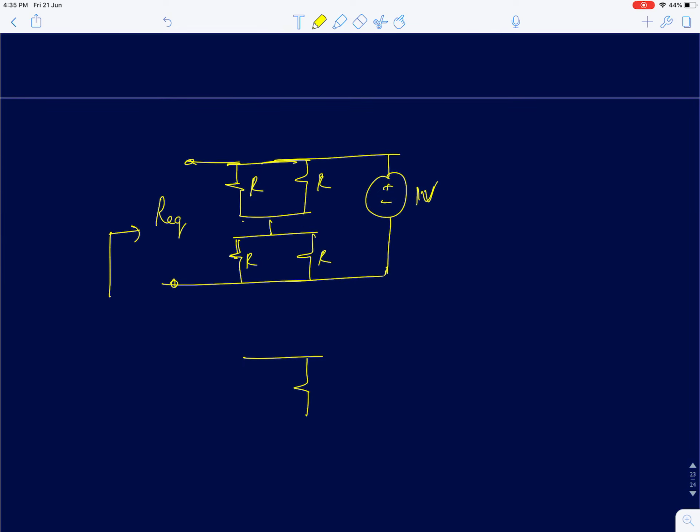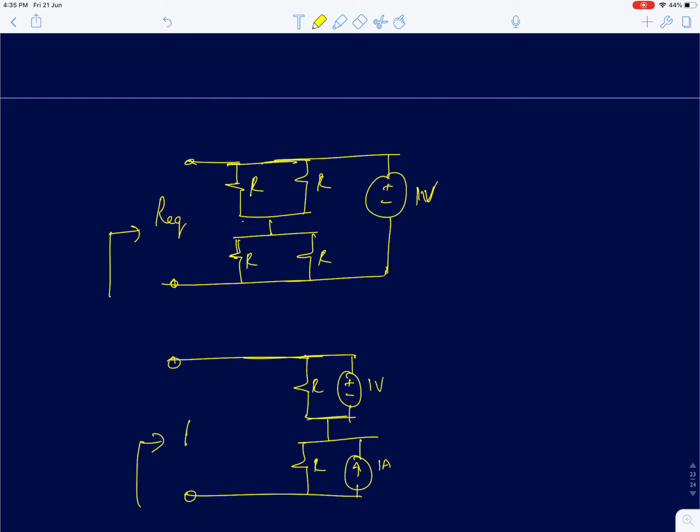And this is 1 ampere, this is 1 volt, this is R and R. Now you are supposed to find the equivalent resistance seen at this node.